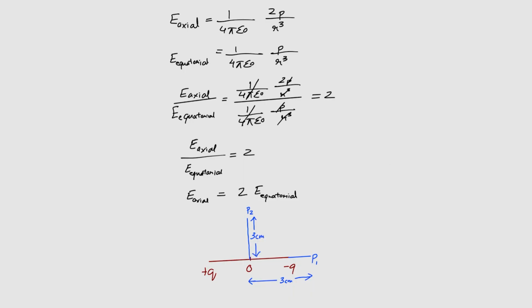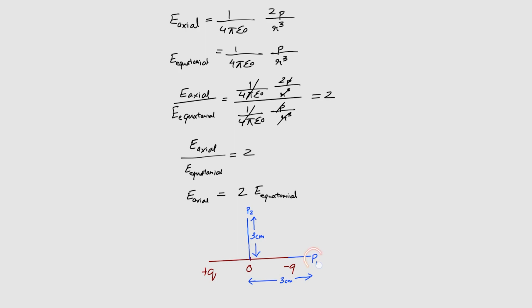One point is on the axial line and one point is on the equatorial line. At which point is the electric field stronger? The electric field on the axial line is double the electric field on the equatorial line.